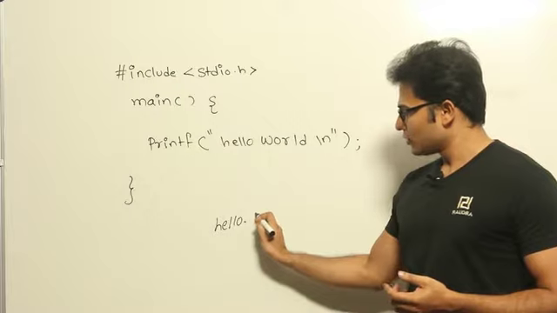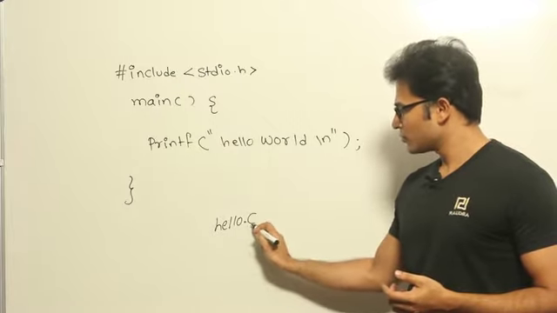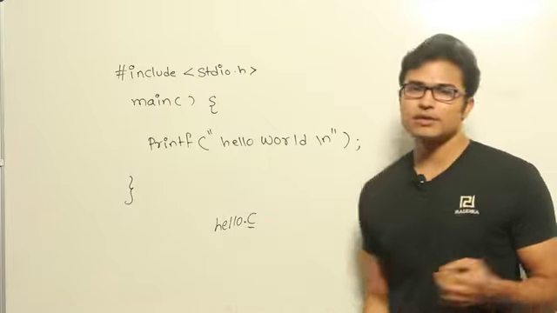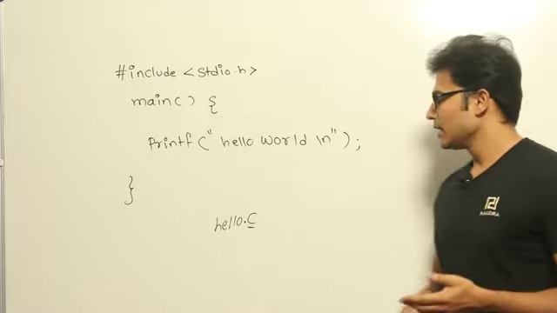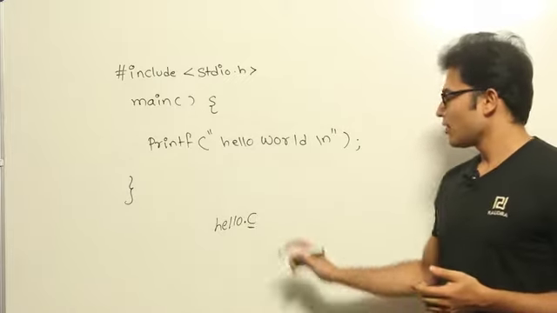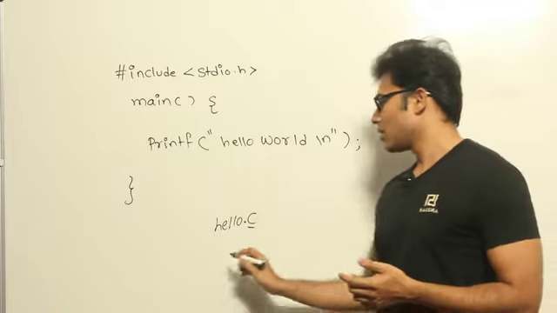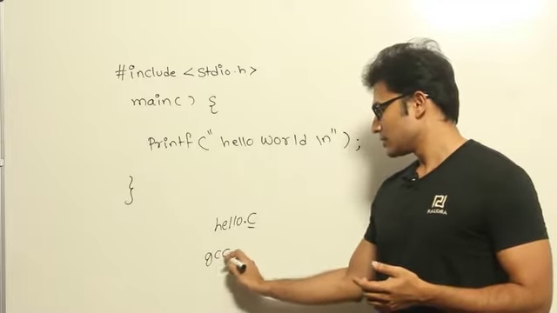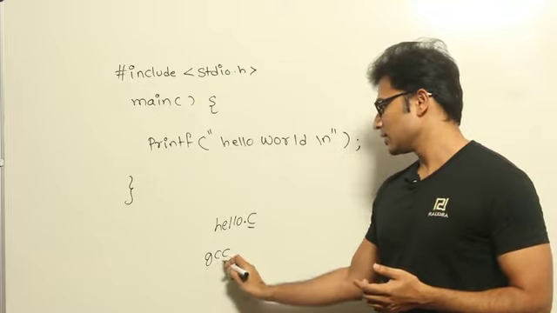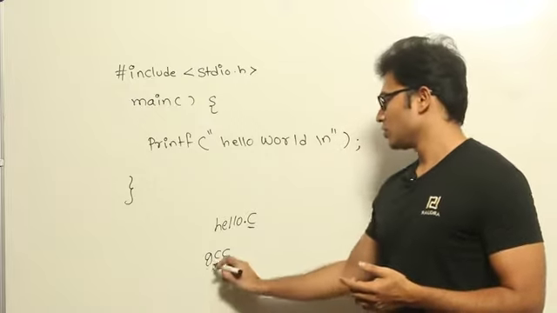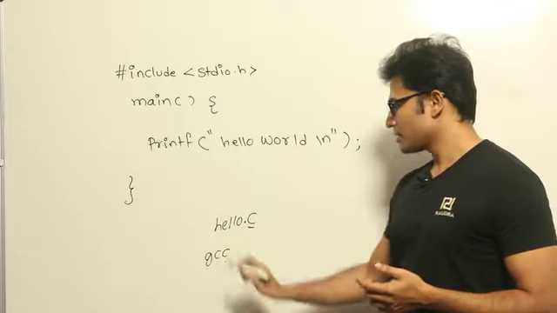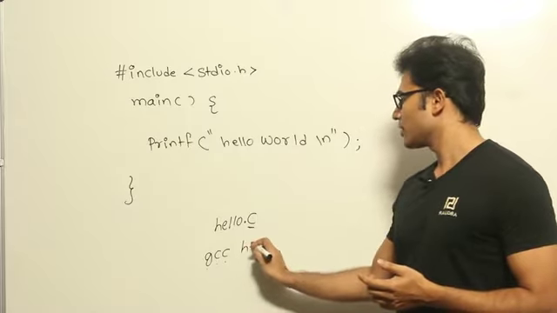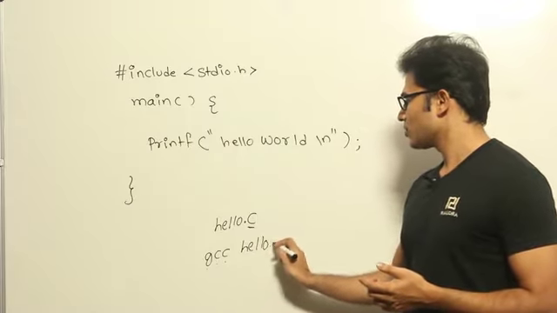Typically every C program should end with .c in the Linux environment, right? After you save it, go to the command prompt and give the command gcc. gcc stands for GNU C compiler, which means you are calling the C compiler and passing to it the program you have stored, let us say hello.c.